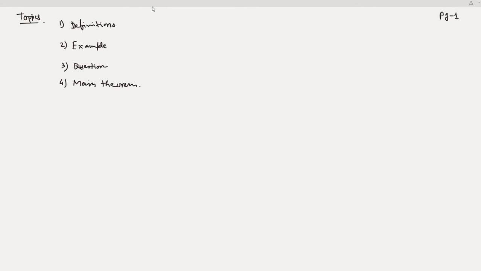So let us start with definition of partial derivatives, or more precisely mixed partial derivatives.